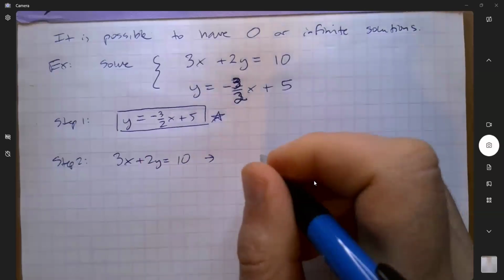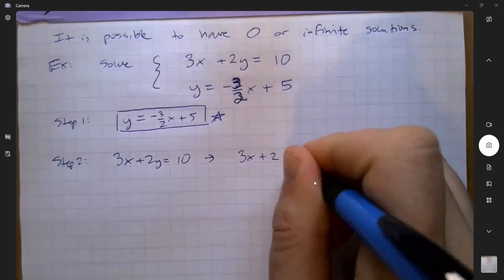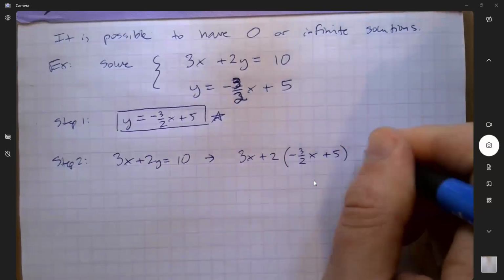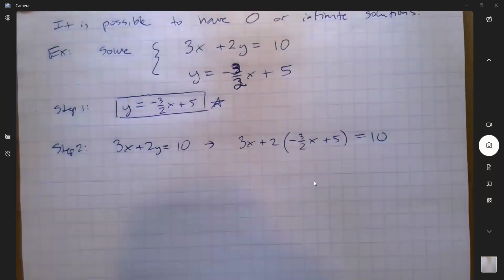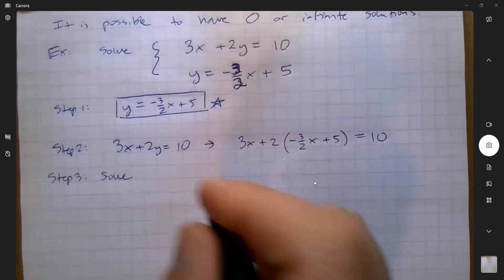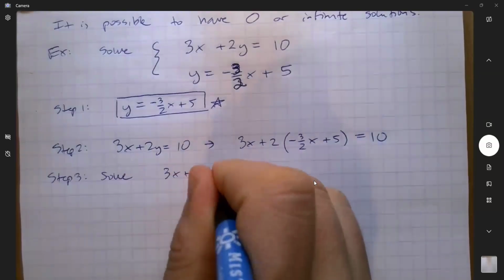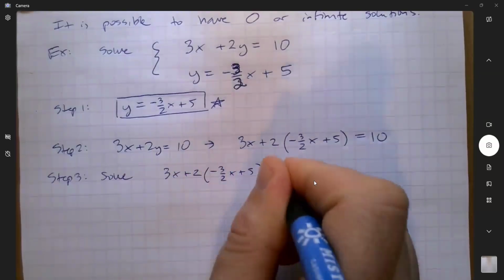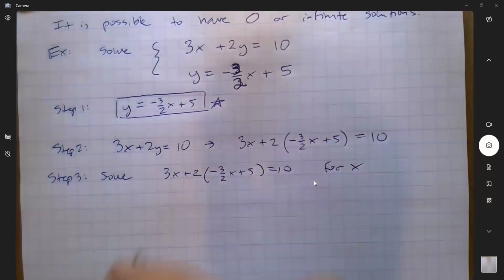So 3x plus 2y equals 10 becomes 3x plus 2 times the quantity negative 3/2 x plus 5, and that all still equals 10. And now we're going to solve that equation for the remaining variable, which is x.